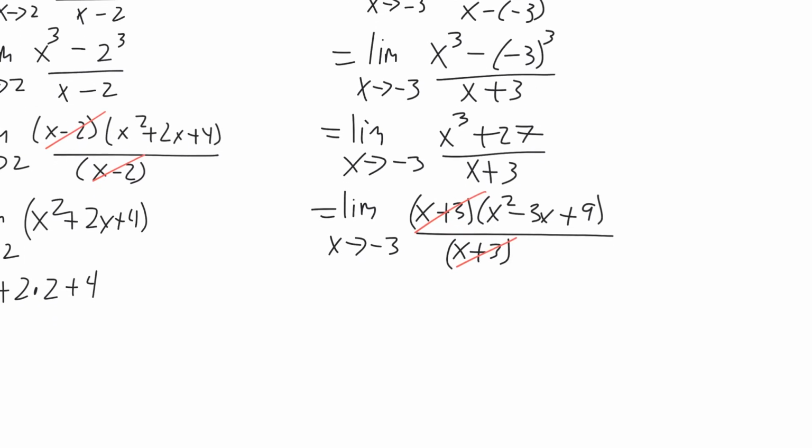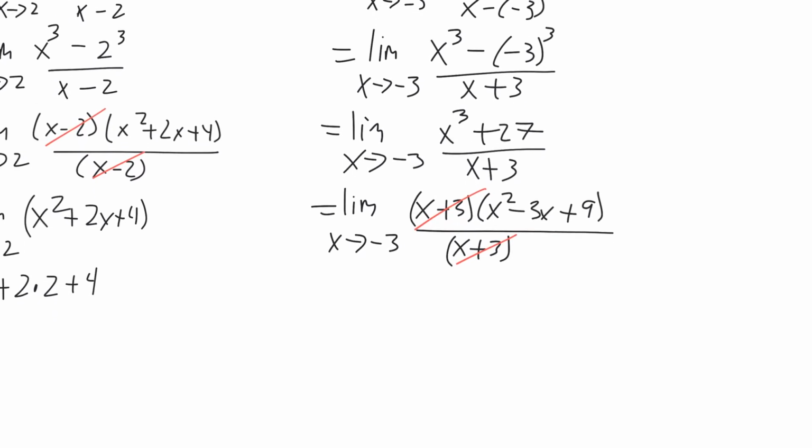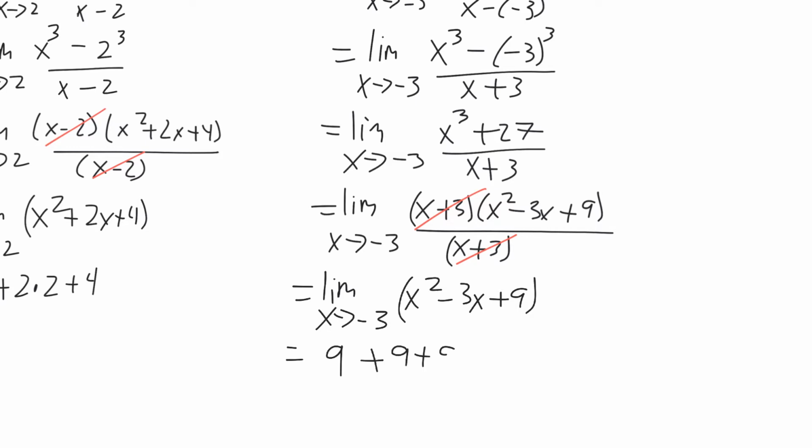This is very similar to the previous example we had for part A. And we'll have the limit as x approaches negative 3 of x squared minus 3x plus 9. We can plug that in. Negative 3 times negative 3 will be 9, so 9 plus 9 plus 9, which gives us 27.